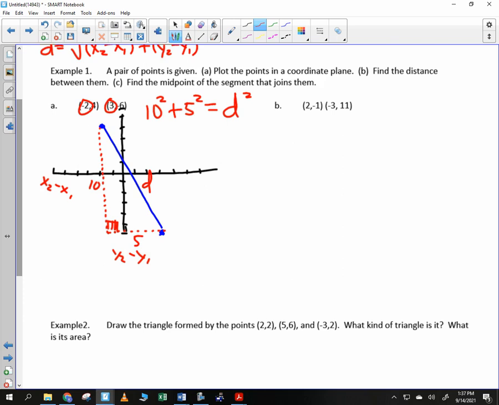So 10 squared is 100. 5 squared is 25. So 125 is d squared. Square root, exactly. Is there a perfect square that divides evenly into 125? Yep, 25 goes in 5 times. So we have 5 roots of 5.